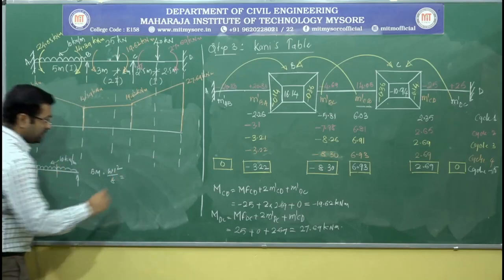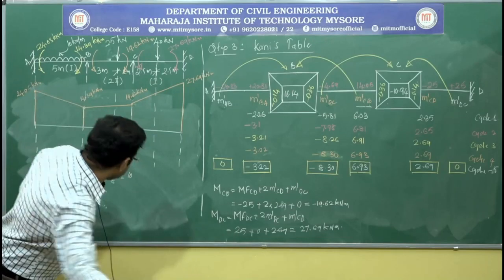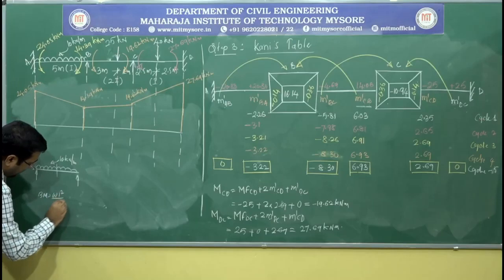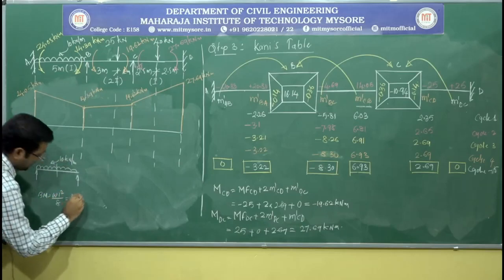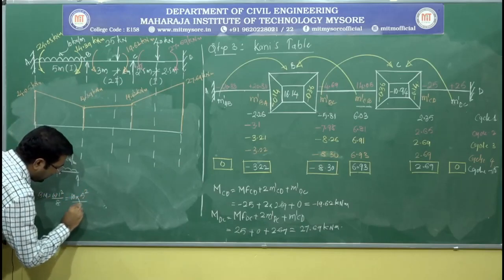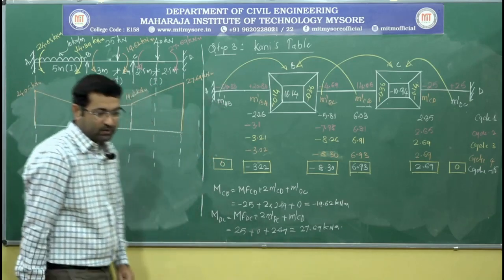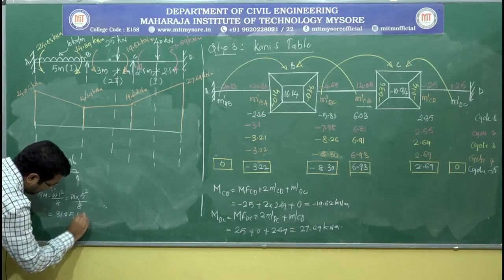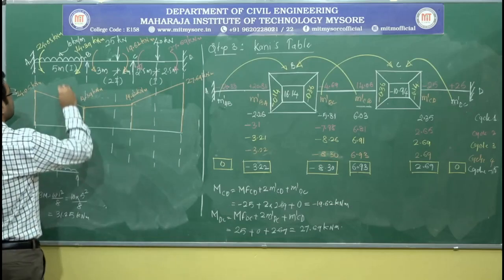So here W is 10 kilonewton per meter, bending moment equals WL square by 8. So W is 10, and the span is 5 meters, so it is 5 square divided by 8 gives you a value of 31.25 kilonewton meter, which I need to represent here.